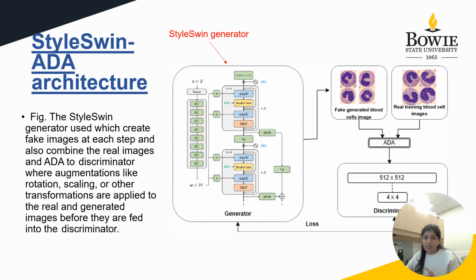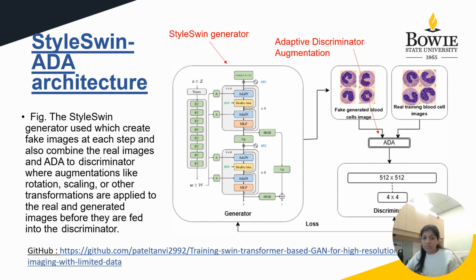The generator creates fake images and also combines the real images with the ADA, where ADA stands for Adaptive Discriminator Augmentation. Augmentations like rotation, scaling, and other transformations are applied to real and generated images before they are fed into the discriminator.